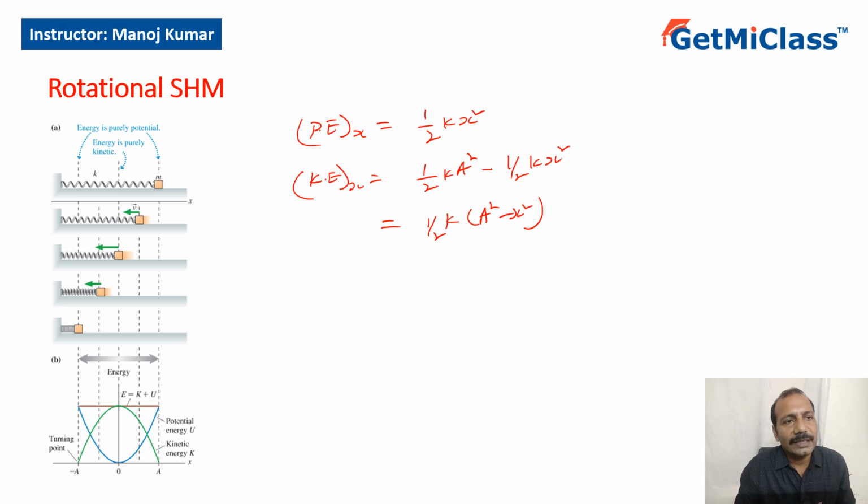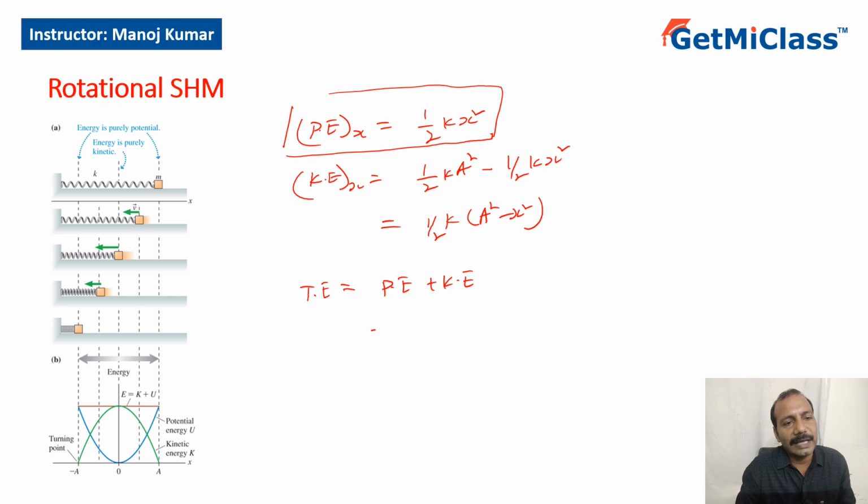So in this way, I can see that potential energy is directly proportional to the square of the displacement from mean position, and kinetic energy is this. So if I draw a graph of potential energy and kinetic energy, I get a graph like this. And as we know, total energy is equal to potential energy plus kinetic energy.